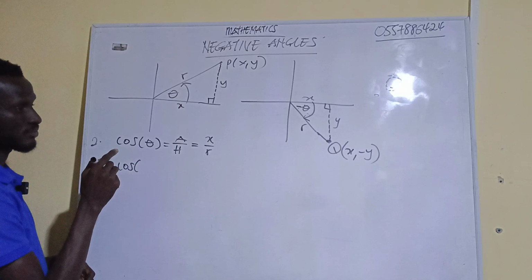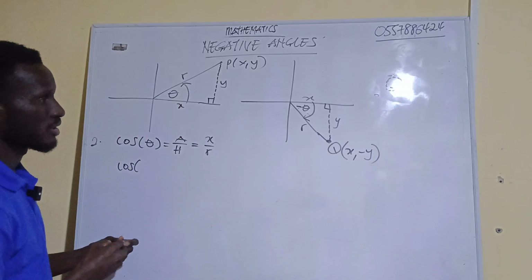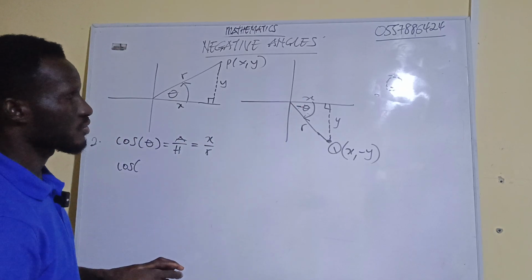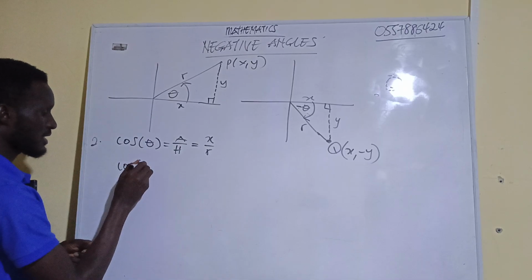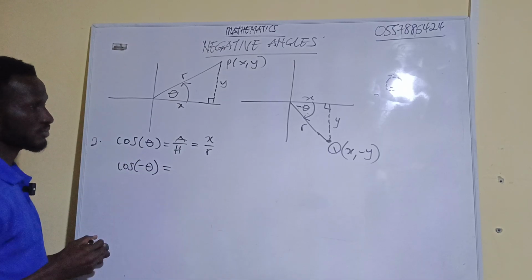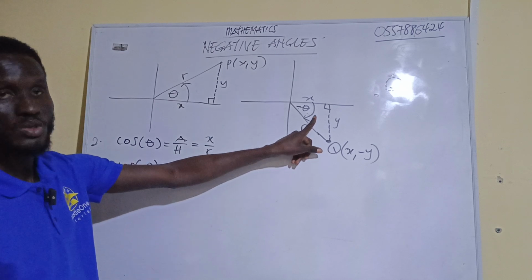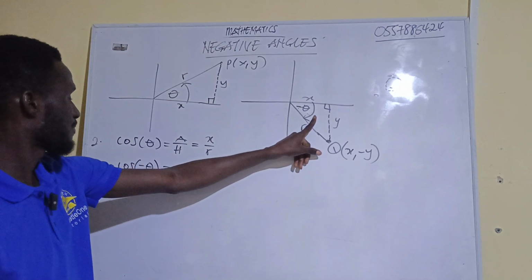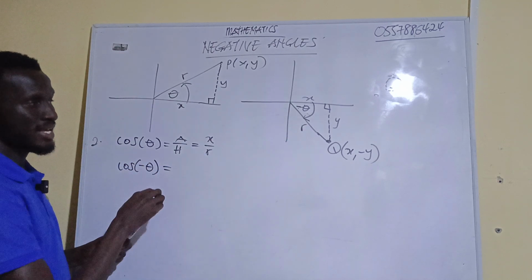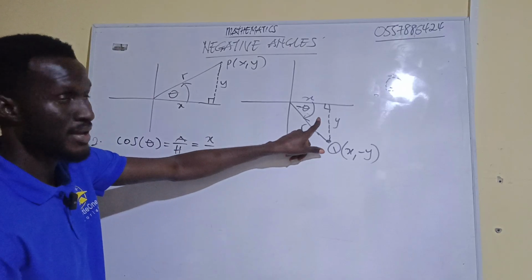Cos of what? Negative theta. Cos of negative theta. Now what is cos here? Cos is the same, adjacent over hypotenuse. Now what's the adjacent here?